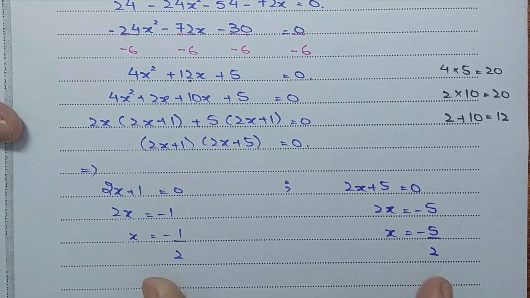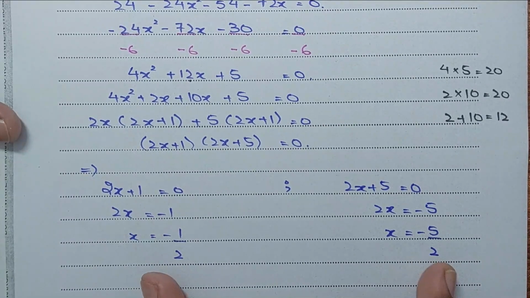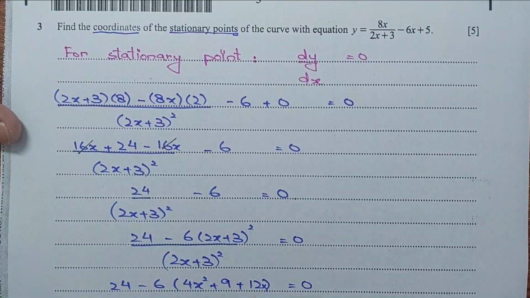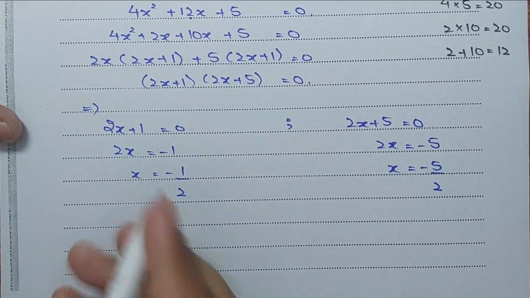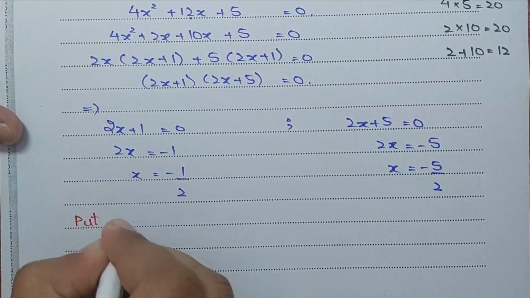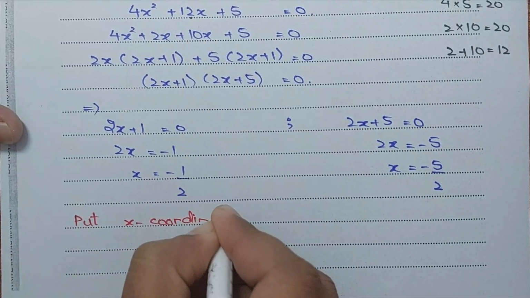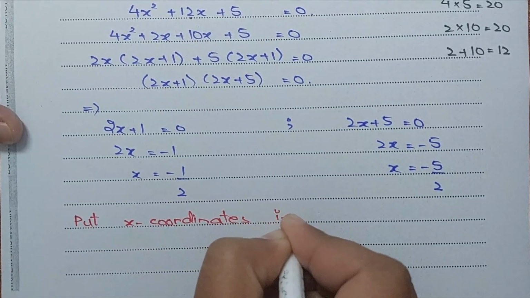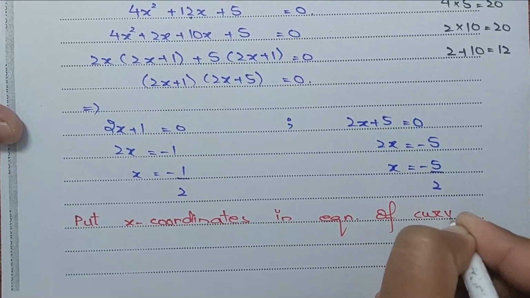These are the two x coordinates of the stationary points. We need to figure out the y coordinates by substituting these x values into the equation of the curve. Right. Now here we can say put x coordinates in the equation of the curve.